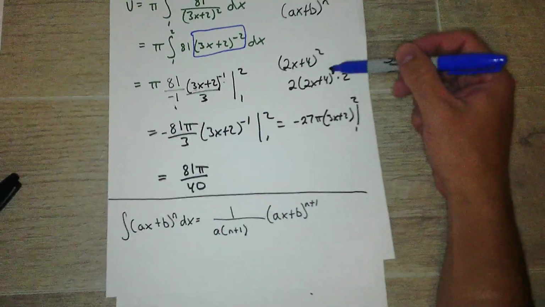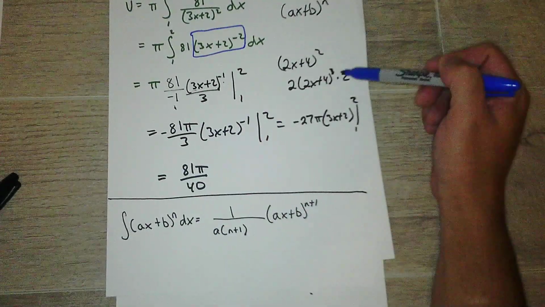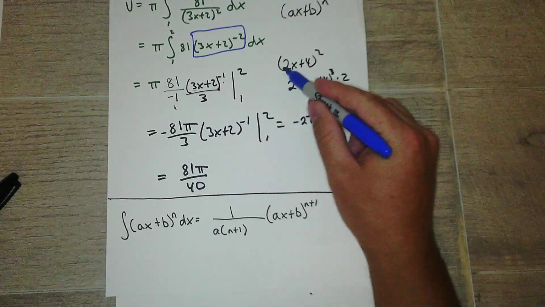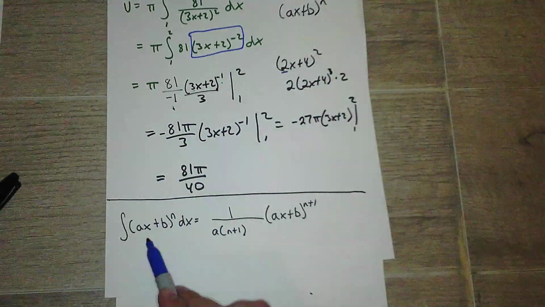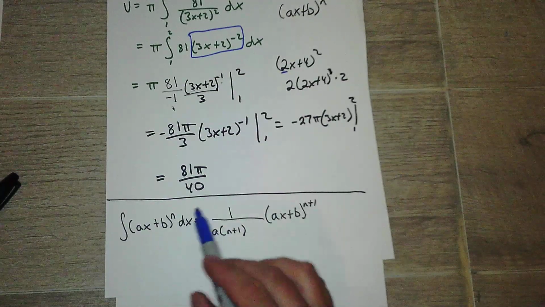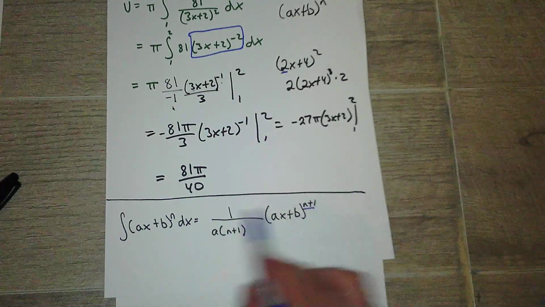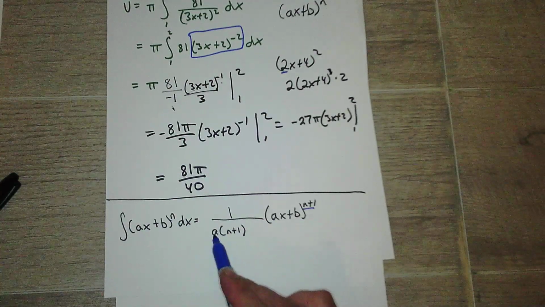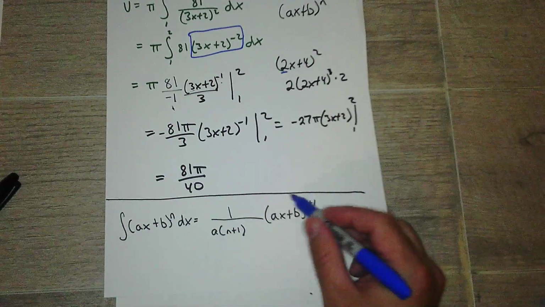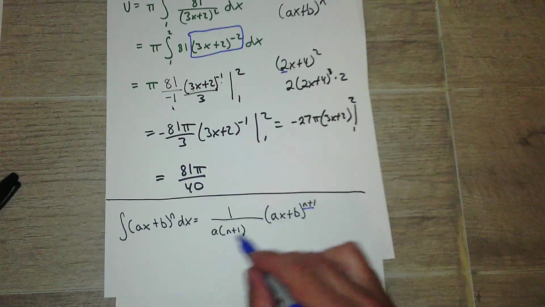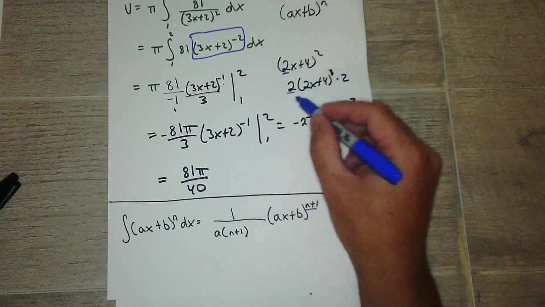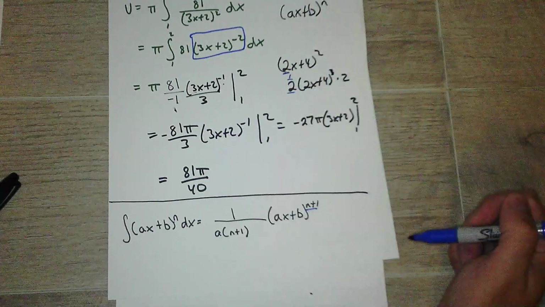Remember how I told you it was similar to taking derivatives, but with derivatives you lower the exponent by 1 and you multiply by a. Integration is the opposite, so instead of lowering n, we raise n by 1, and instead of multiplying by a, we divide by a. And instead of bringing this 2 down in front like we did here, we bring it underneath if we were integrating.